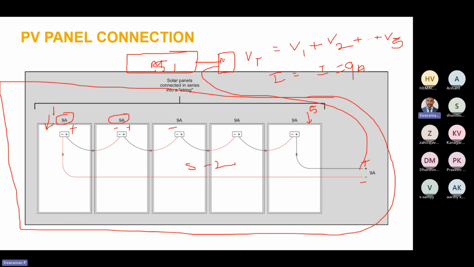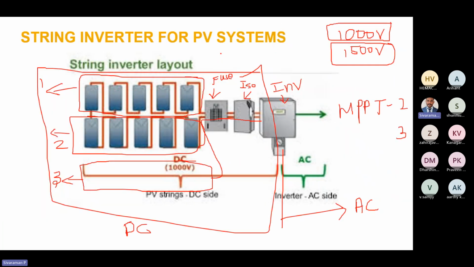String 1 will be connected to MPPT1 of the inverter, and string 2 will be connected to MPPT2 of the inverter. Then this side will be the AC output. This is the DC part. In this example, up to this part these are all the DC part and these are all the AC part.